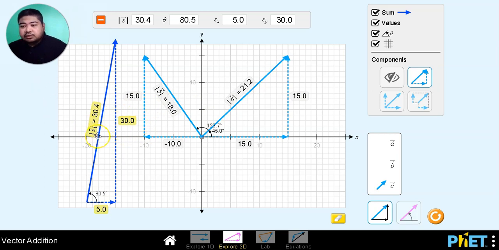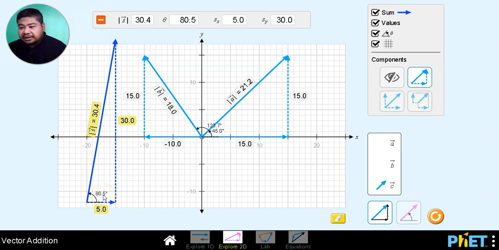The magnitude of the resultant vector is the square root of 5 squared plus 30 squared, and you get 13.4. So this vector is the sum of vector A plus vector B. You get this vector S with a length of 13.4 and a direction of 18.5.